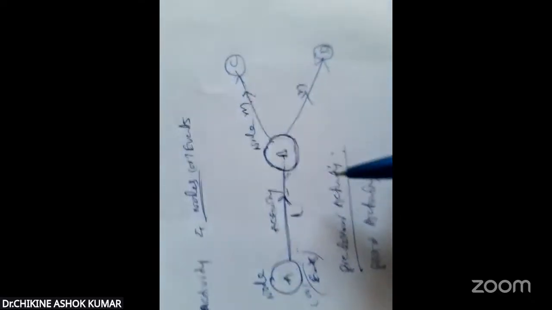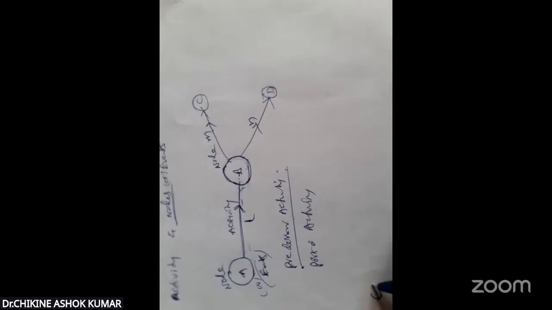So events are connectors, denoted with circles, and events are defined in three types: one is merge event, another is burst event, and the third is merge and burst event. I will explain this with diagrams. Let us take an example like this.